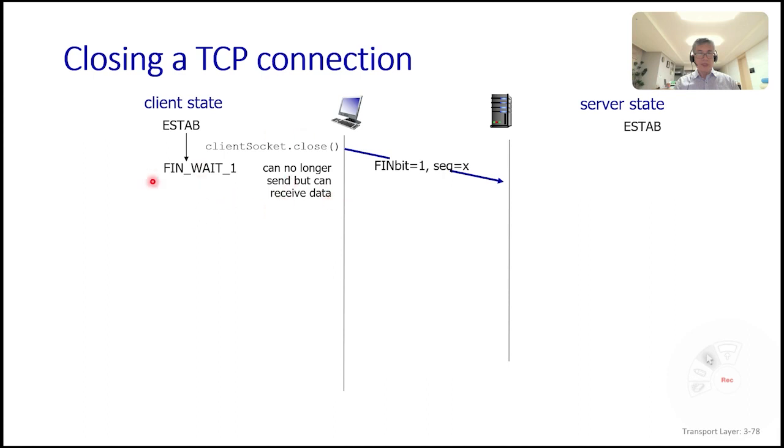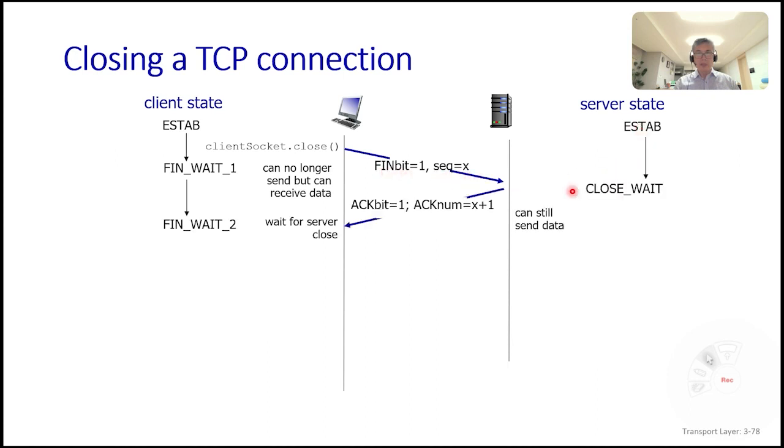In the FIN wait 1 state, the FIN bit in the TCP header is set to 1 with a sequence number x, and the server moves from established to close wait and sends an ACK. The acknowledgment number is x plus 1, based on the previous sequence number.